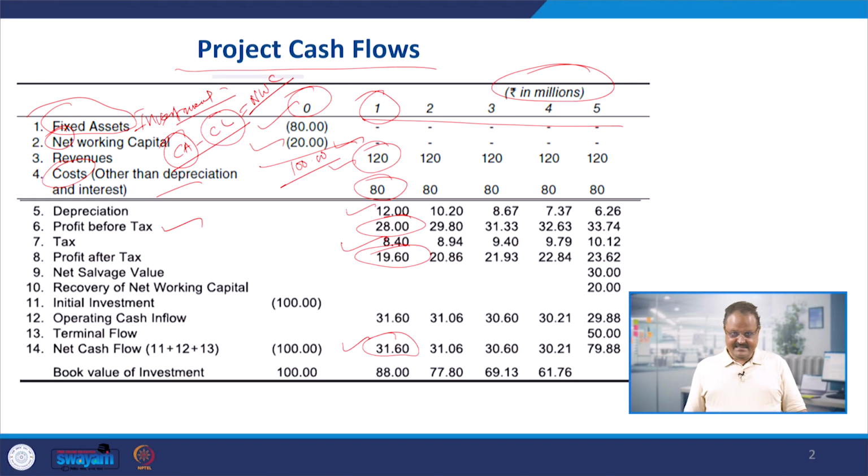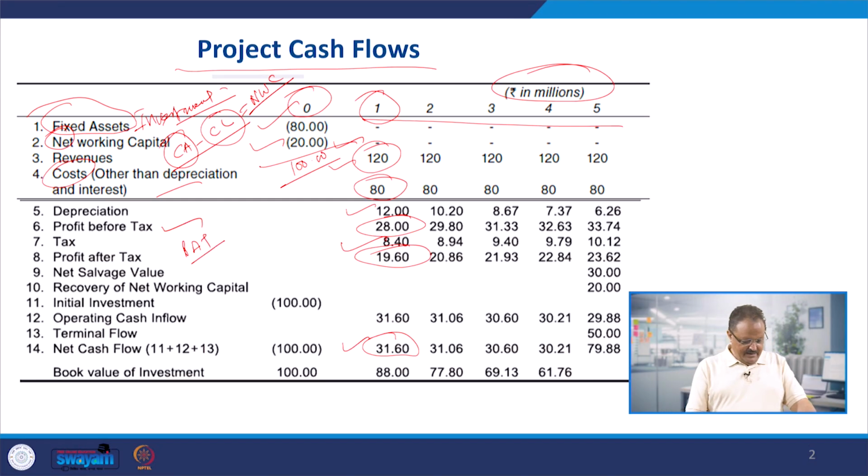For calculating the profit after tax, we take the revenue and subtract all your operating expenses and depreciation, but not financial expense. Total revenue minus total cost becomes the profit before tax, which we worked out as 28 million here, and minus taxes of 8.4, the profit after tax is 19.6 million. This PAT is the first source of the cash flow.